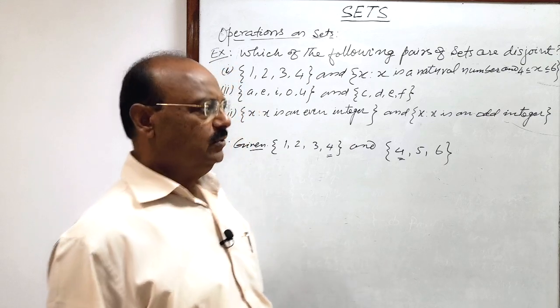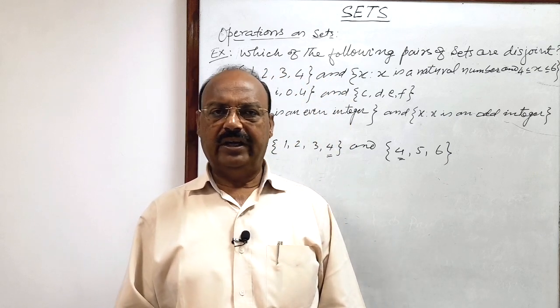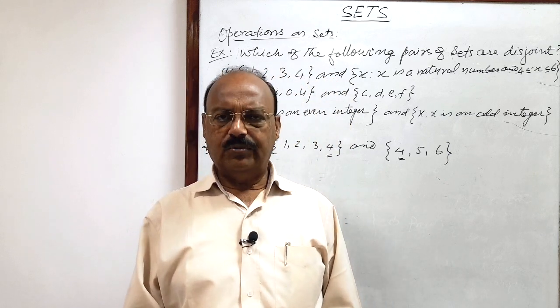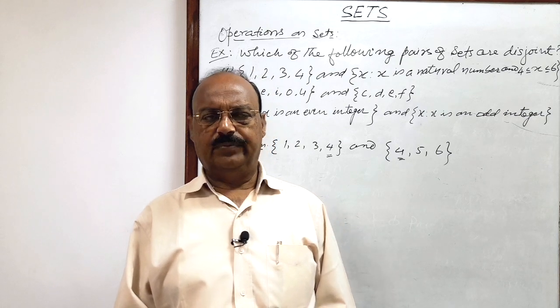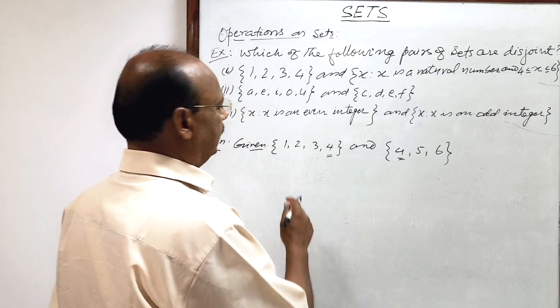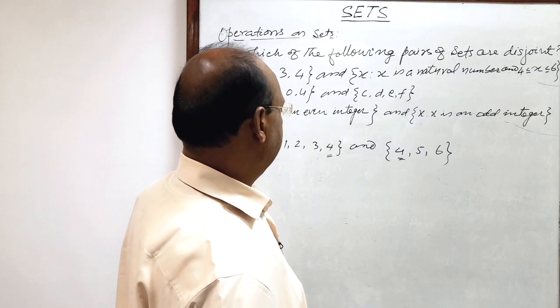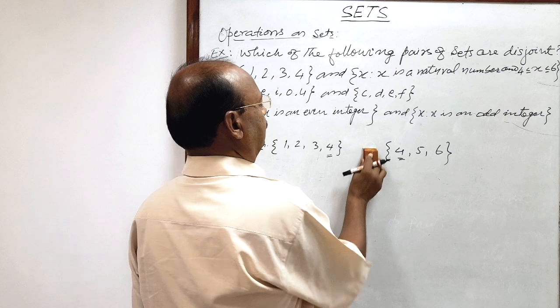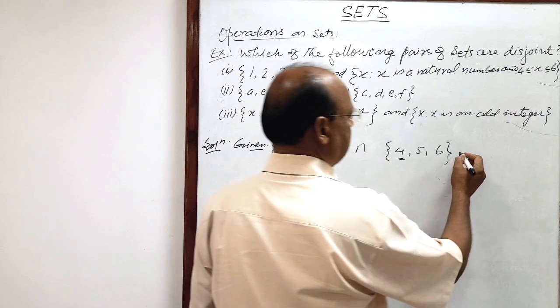As we told you, two sets are disjoint only when the intersection of the two sets is a null set, an empty set. But here, if you find the intersection of these two sets, it is not a null set.